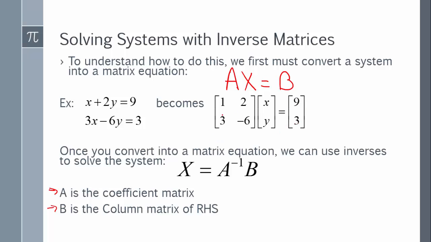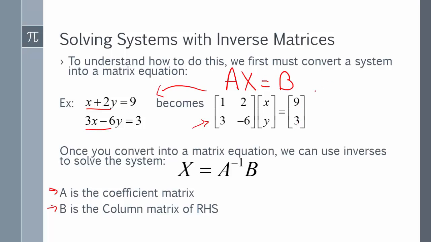If you multiply this left-hand side, you do get the system again, because you get 1 times x plus 2 times y, and 3 times x plus -6 times y, equals 9 and 3.